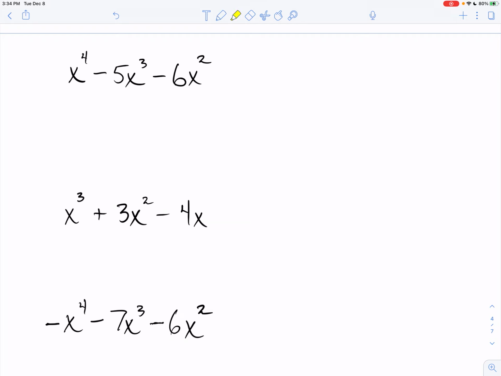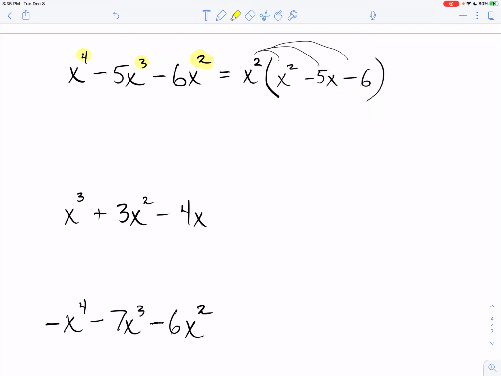But see, look at this guy. He's the tiniest dude, but he's the greatest thing that they all have in common. So I'm going to take out x squared. Then I'm going to say we need 1, 2, 3 things to finish up this. x squared minus 5x minus 6.